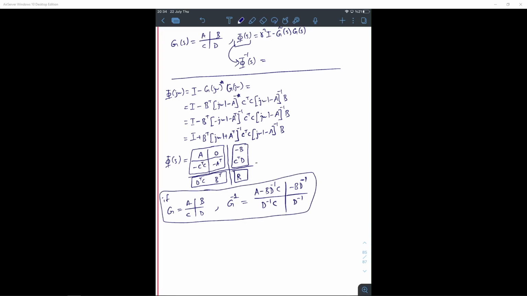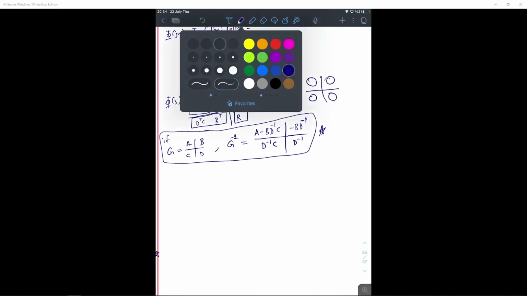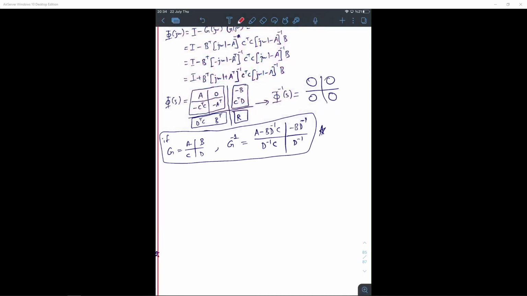because we want to find the phi inverse of S, its own A, B, C, D matrices, right? And to do that we're just going to use this identity. Okay, let's do that one step at a time. Okay, let me use another color. What does it say?